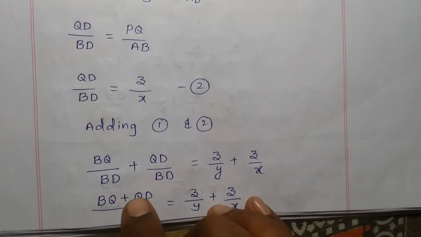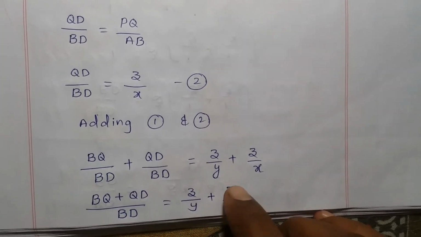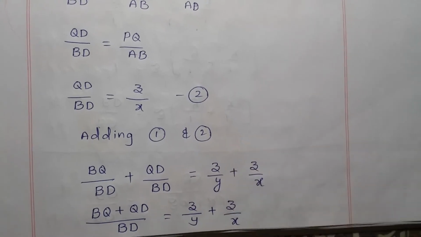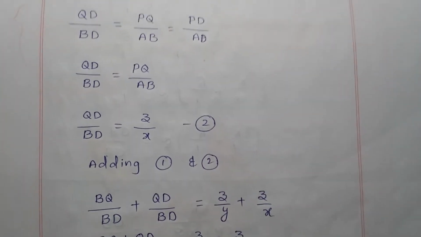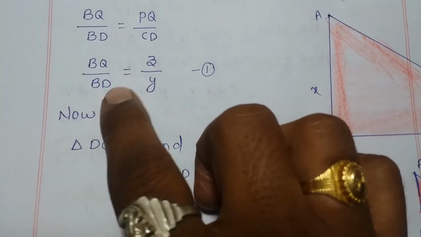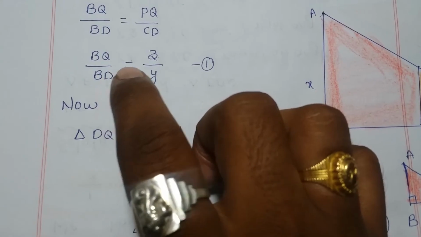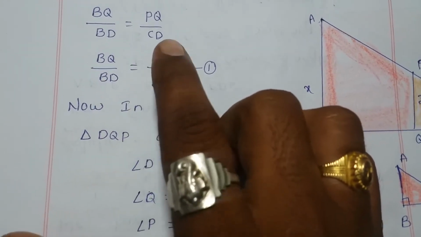So that is BQ plus QD by BD equal to Z by Y plus Z by X. I will show you equation number 1. So here is equation number 1. BQ by BD equal to Z by Y.